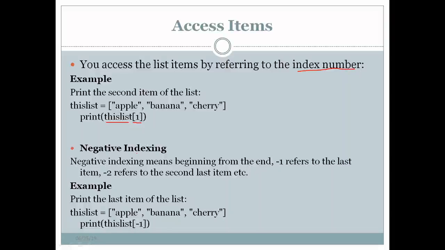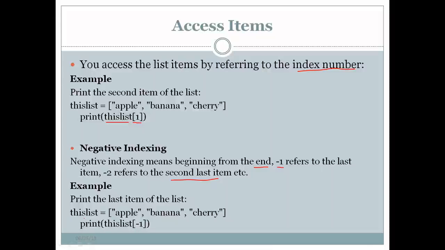So negative indexing simply means beginning from the end or displaying items from the end, and -1 refers to the last item, whereas -2 refers to the second last item, etc. For example, one example is given here. Print the last item of the list. So by using a negative index, we can print the last item.